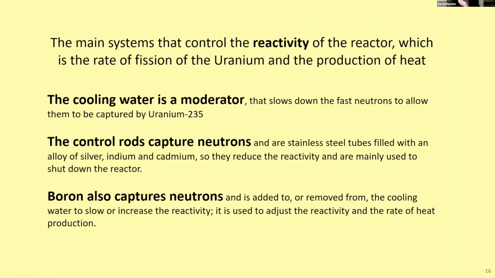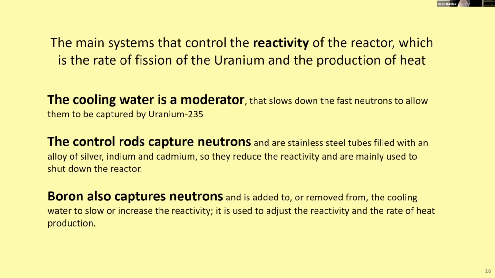So the main systems to control the rate of production of heat, the reactivity of the reactor, which is the rate of fission of the uranium, there are 3 things in question here. The cooling water is a moderator, and the more moderator you have, the more it will slow down fast neutrons.